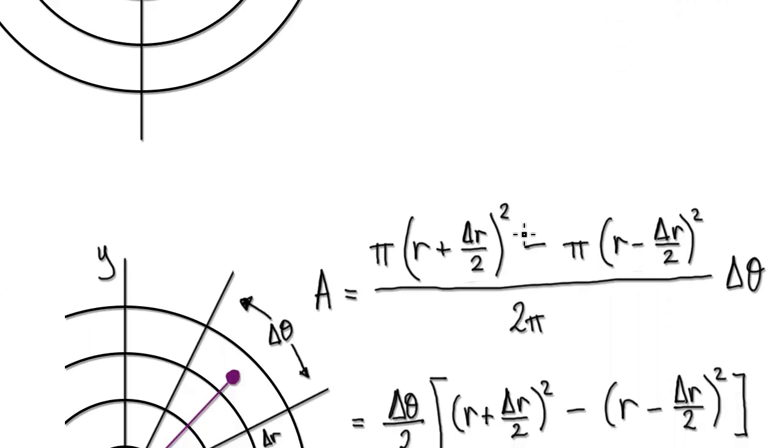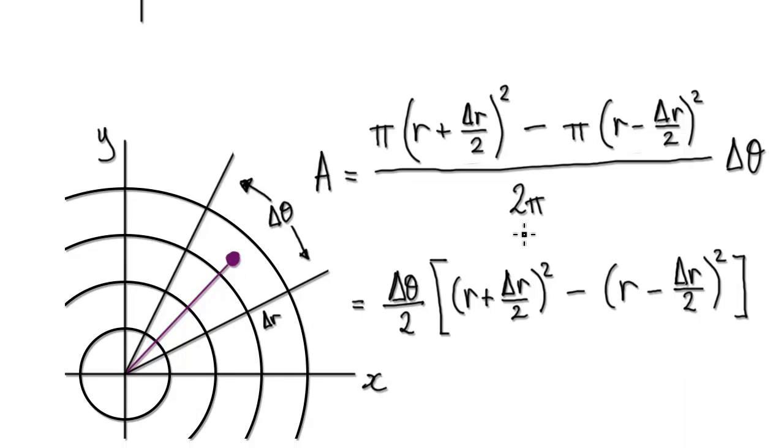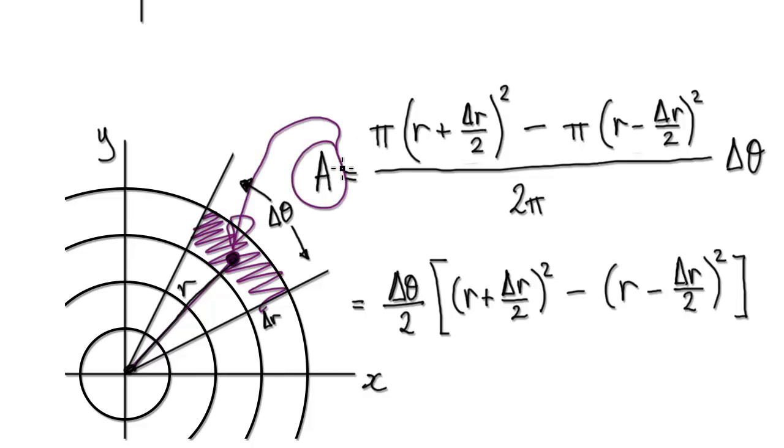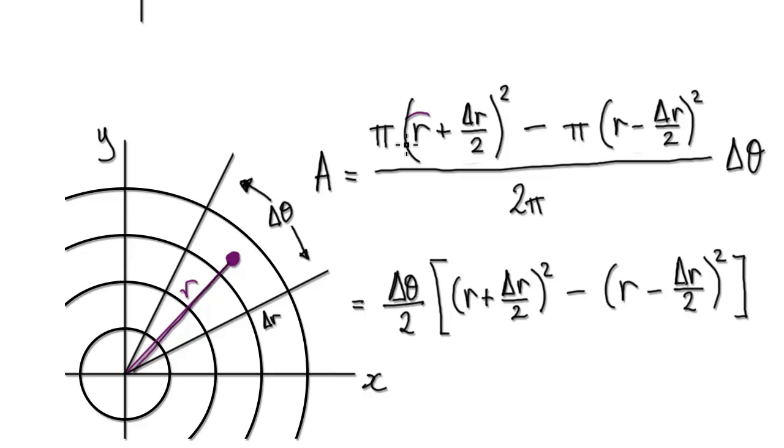So let's say this here is currently r, this length is r, and we need to somehow work out this area. Let's just imagine that this area here is this area here. So we currently have r, but we need to get the outer radius.